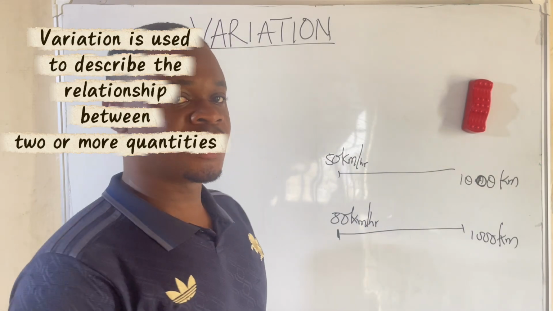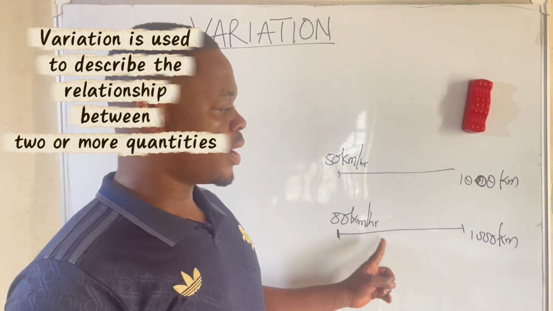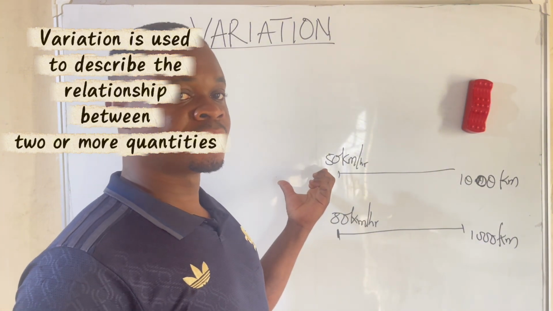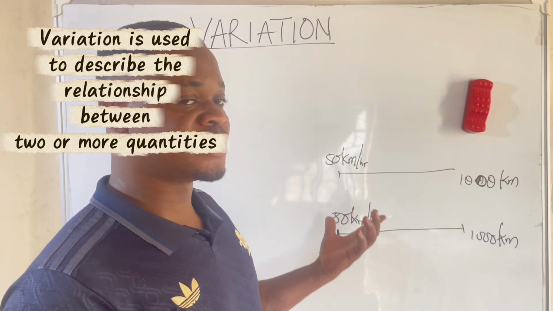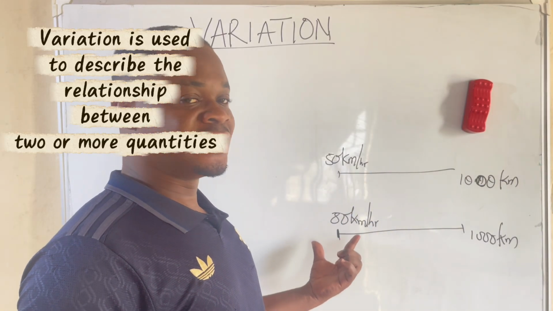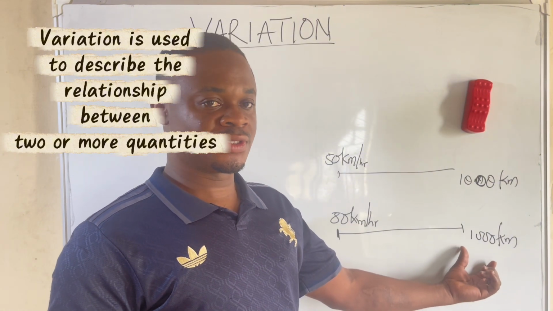What this means is that the person at 80 kilometers per hour will get to this location before this other person. What we are saying here is that as the speed increases, the time you are going to take to get to this place will reduce.